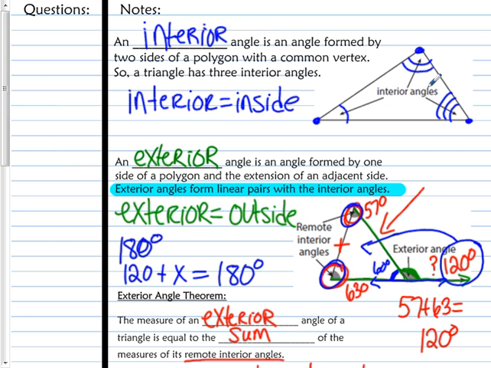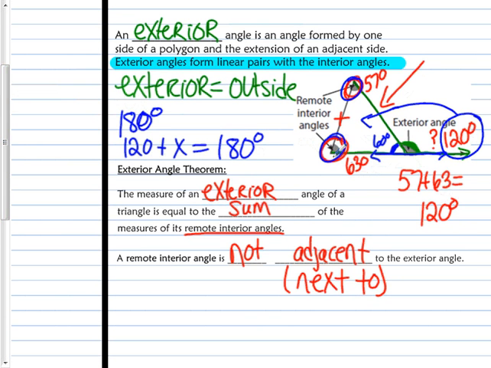Please make sure you've written a summary. I want to quickly go back. We talked about interior angles are inside, exterior angles are outside. Exterior angles form a linear pair with the interior angle that is touching. Exterior angles are equal to the sum of the two other interior angles. They're called remote angles.